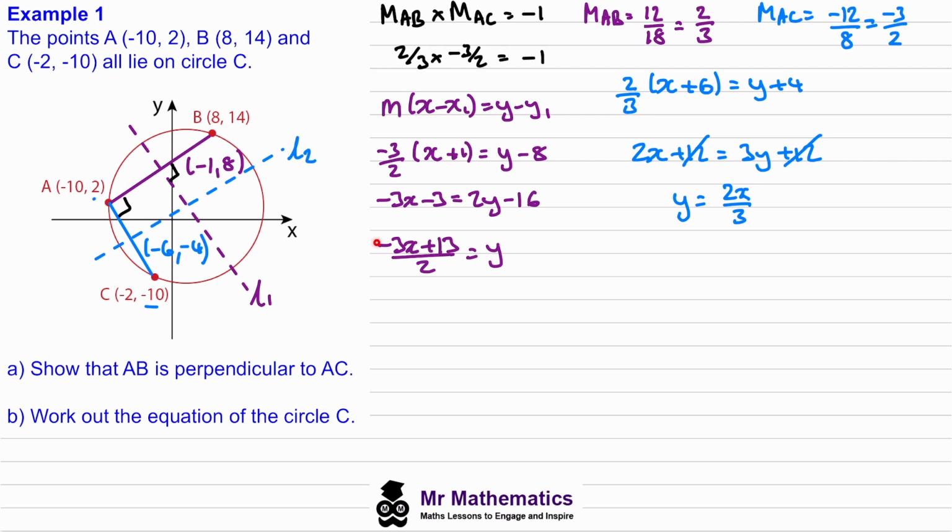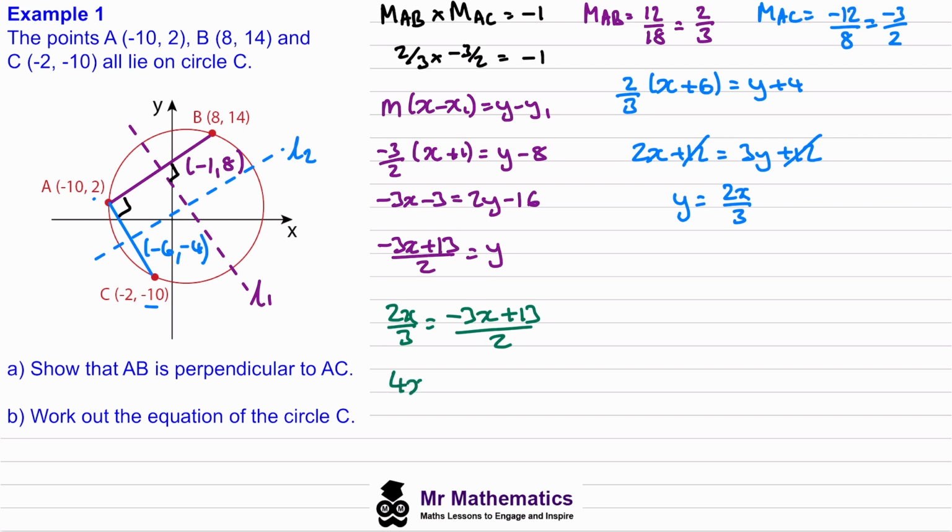So we'll solve the equation involving the two lines. So 2x over 3 will equal negative 3x plus 13 over 2. We'll move this 3 to the right hand side, this 2 to the left hand side.